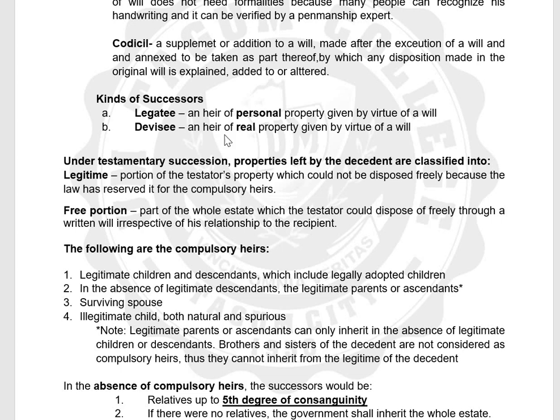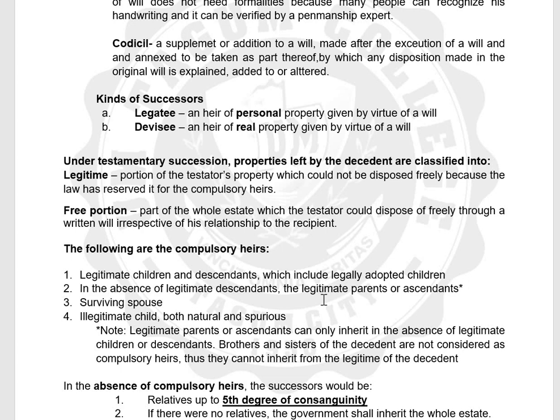And then yung secondary heirs is the legitimate parents, no, or ascendants. Okay, so since in the absence daw of legitimate descendants, no, so meaning to say si legitimate parents or ascendants maka-receive lang sila if walang descendants.